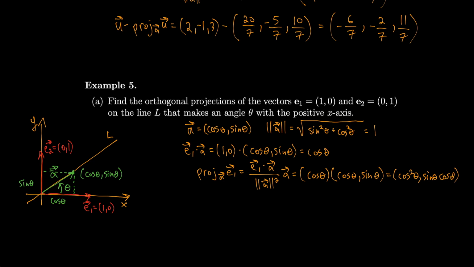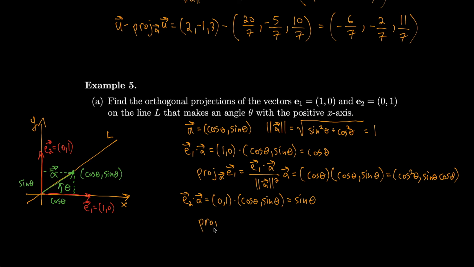We can also get e2 dot A, and that'll be (0, 1) dotted with (cosine theta, sine theta). So that's just sine theta.